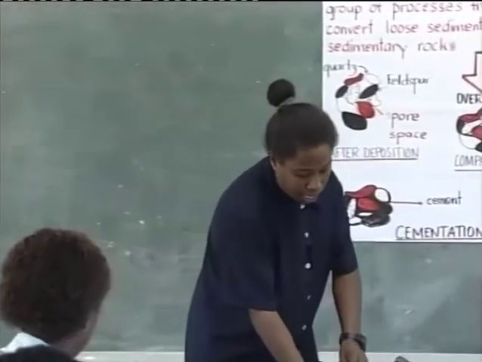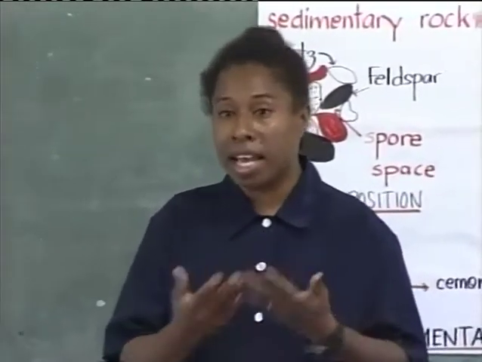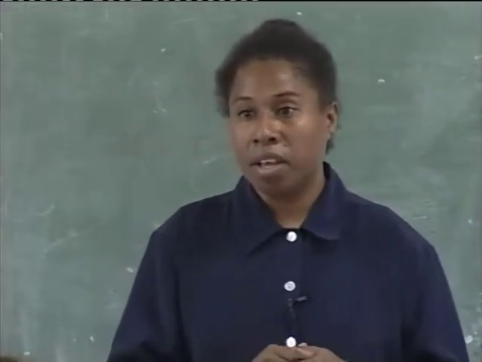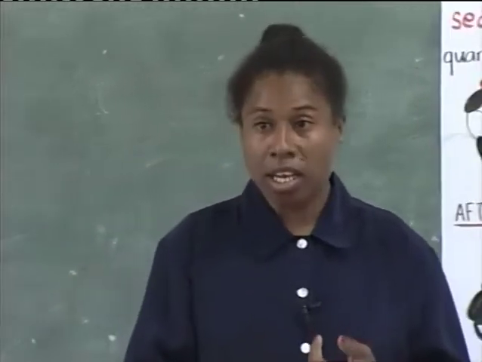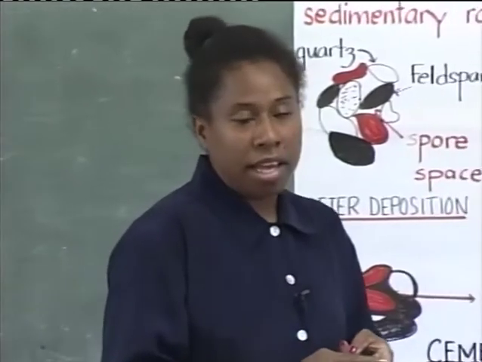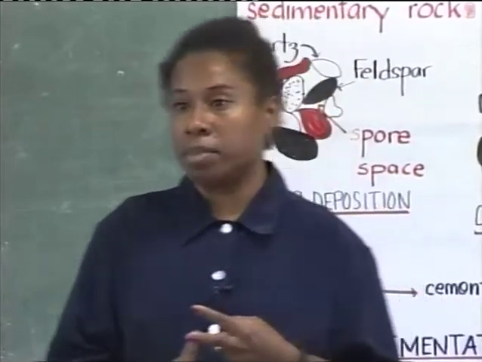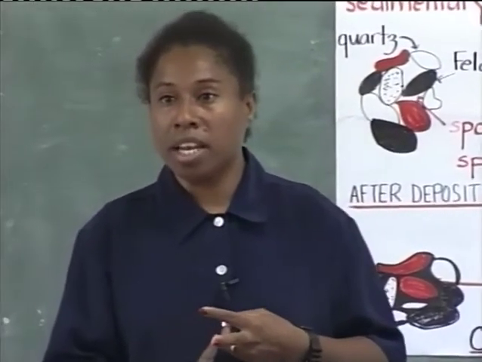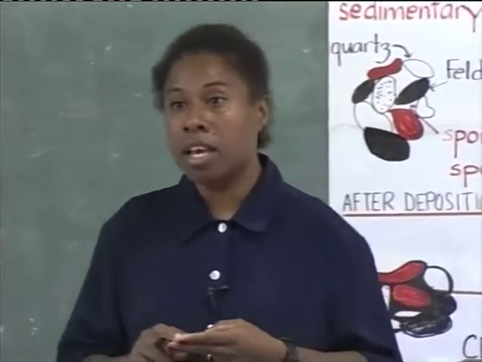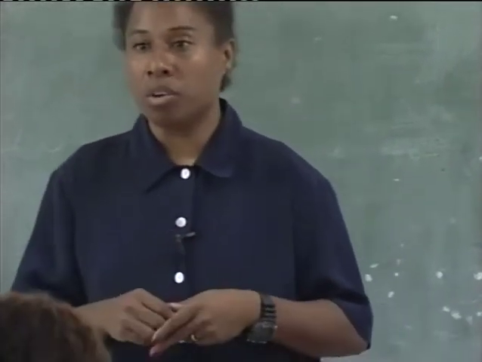We also looked at how sediments, when they are formed, don't just sit on the surface of the earth and stay there forever. The processes of weathering and erosion act on those sediments. In the process of erosion, that's when transportation comes in. In transportation, two processes take place which contribute to shaping or further arranging those sediments.